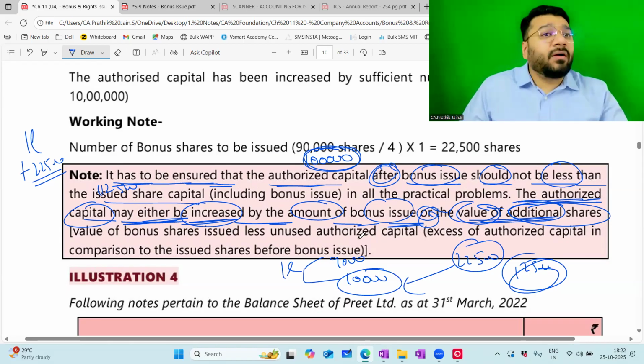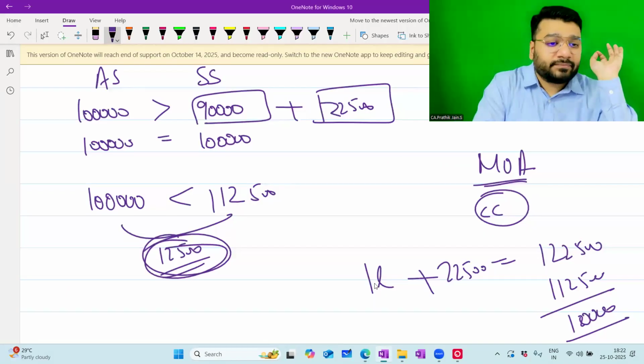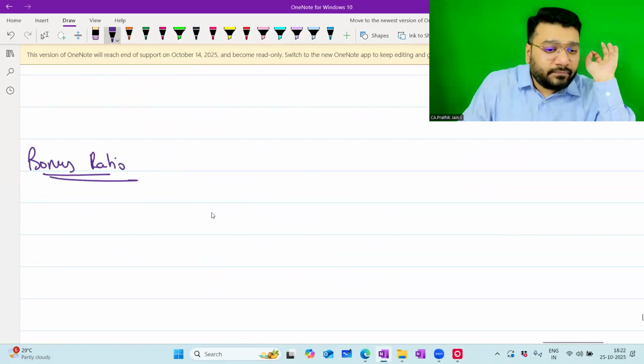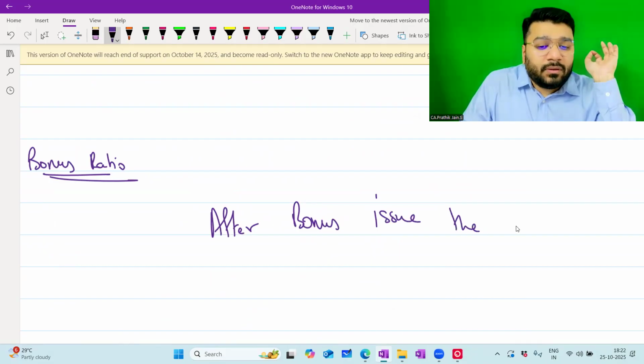Okay. So here, we will give a note after bonus issue. After bonus issue, the issued and subscribed shares is more than authorized share.